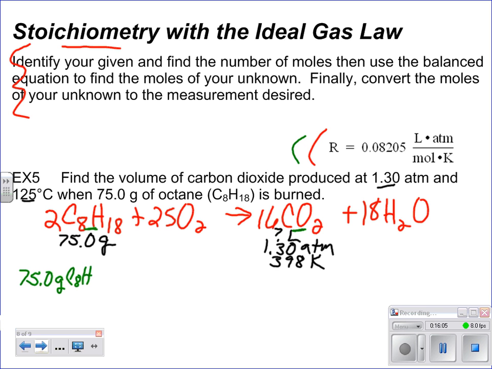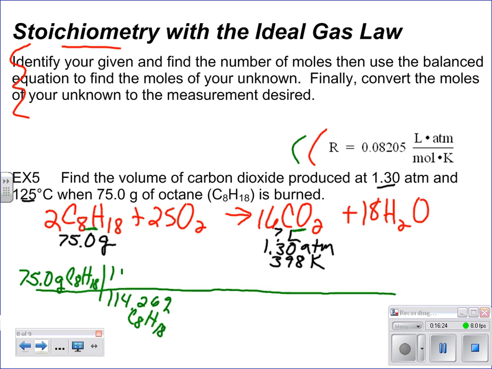And there's what we're starting with. So we know grams of octane, we want to get rid of that and go to moles of octane. And there's 114.26 grams to every 1 mole.